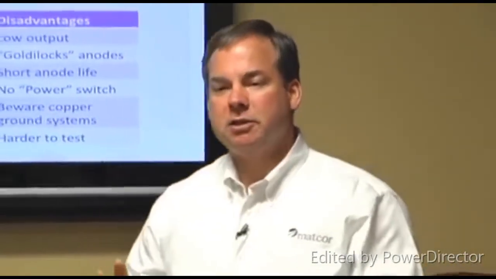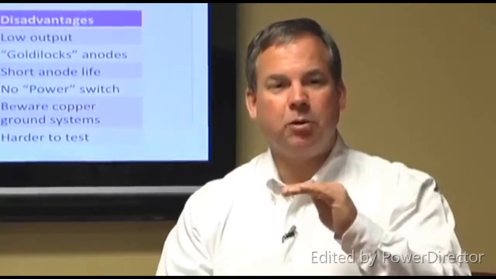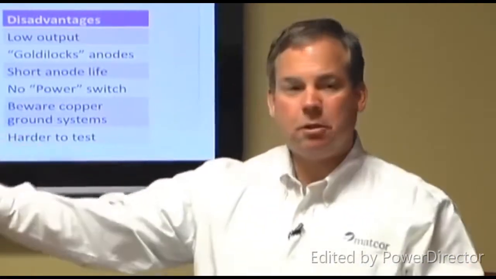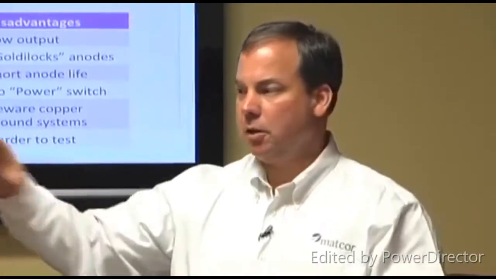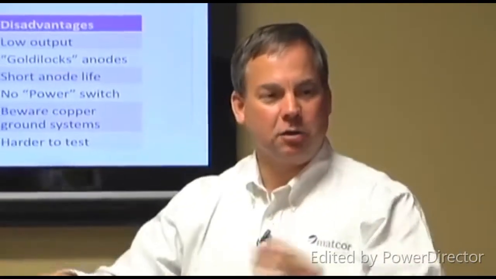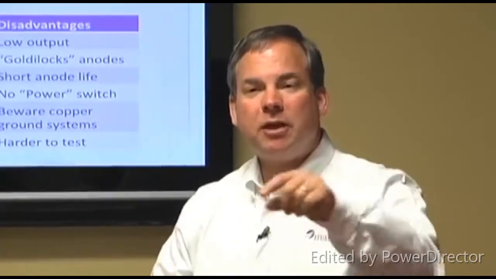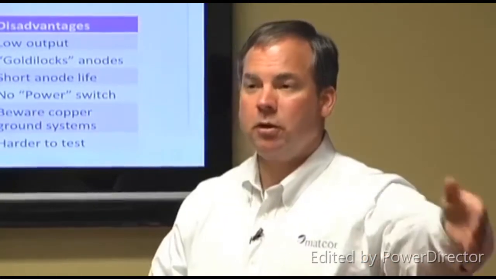Beware copper grounding systems. If you remember, copper was like minus 200 on that chart, meaning it's much more positive. When you have copper and steel mixed together in a structure, or if there's a piece of a pipeline and there's a copper grounding system nearby and they're electrically connected, that anode's going to try to protect the copper first because there's a bigger driving force. It's more positive.